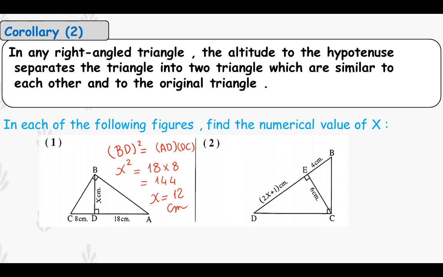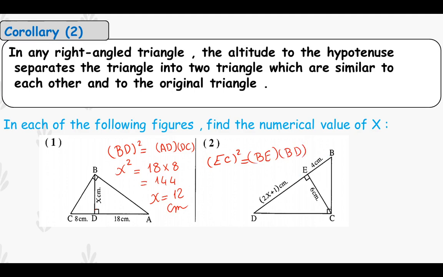Again, the second example. Here he wants to find the value of x, and we know the value of the altitude of the right angle triangle. So we can write EC squared equals BE multiplied by BD.